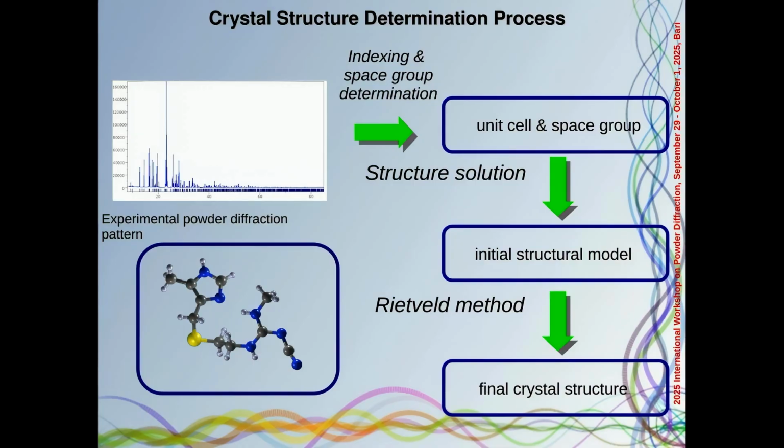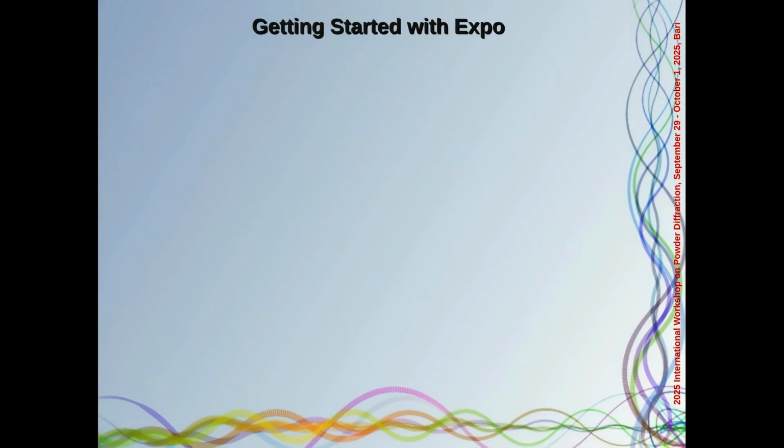EXPO is software essentially devoted to structure solution, and this is the reason why I dedicate a large part of my presentation to structure solution, which sometimes might be the challenging step in the process of crystal structure determination.